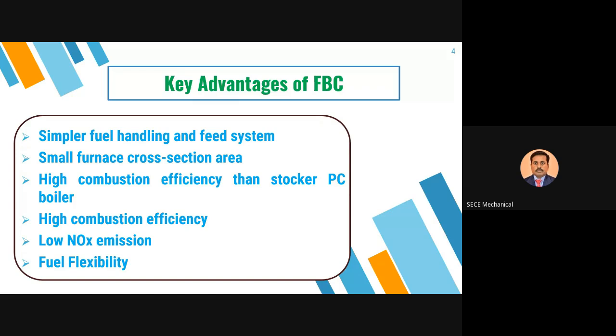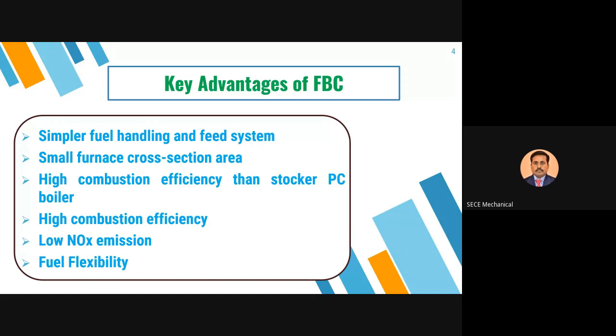And the third one is high combustion efficiency compared with the earlier types like stoker boilers. In the earlier traditional combustion chambers, the fluid bed concept is not there, so uniform temperature may not be produced.